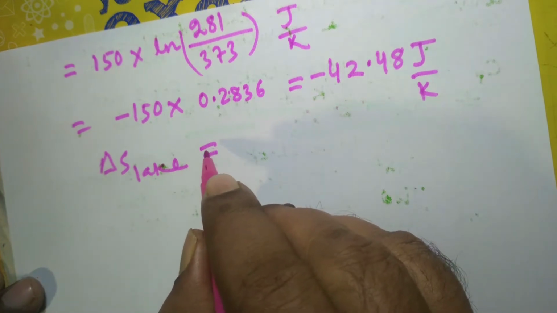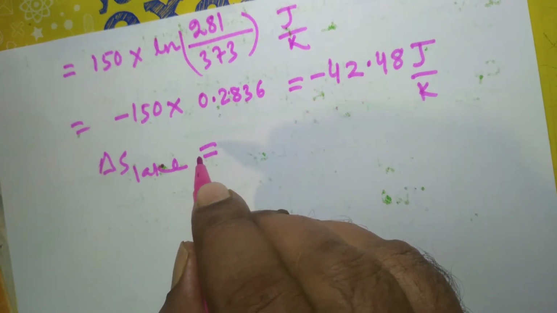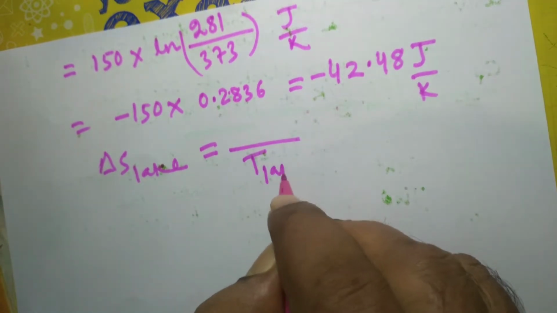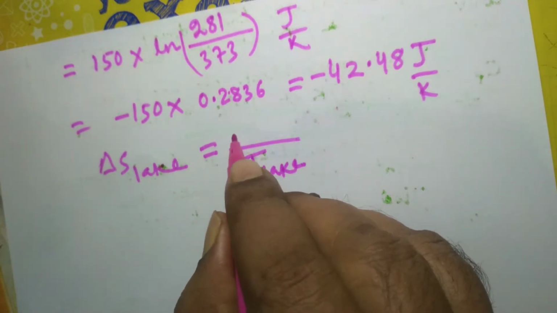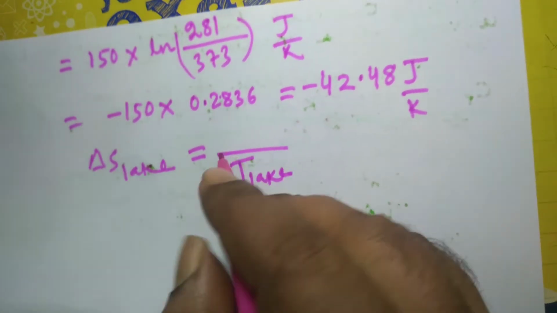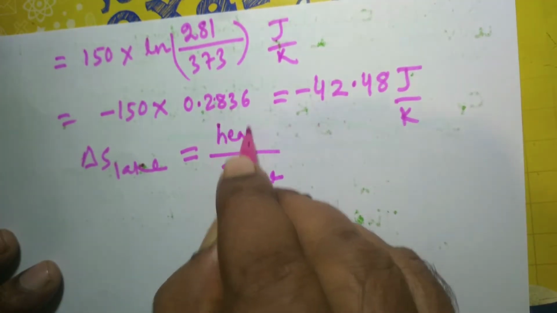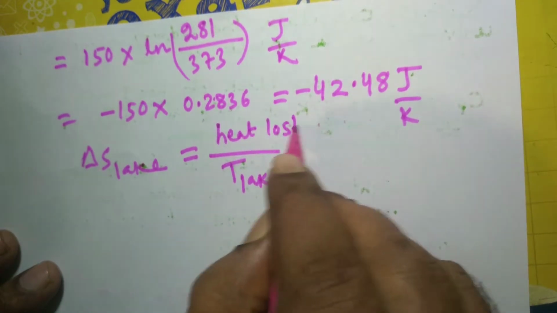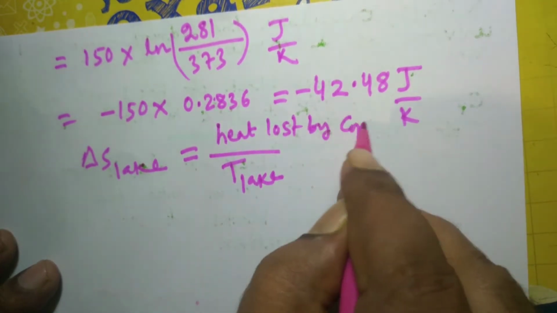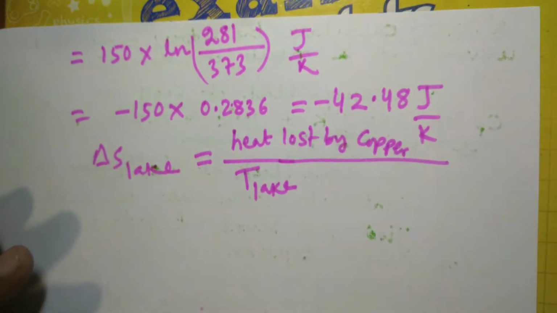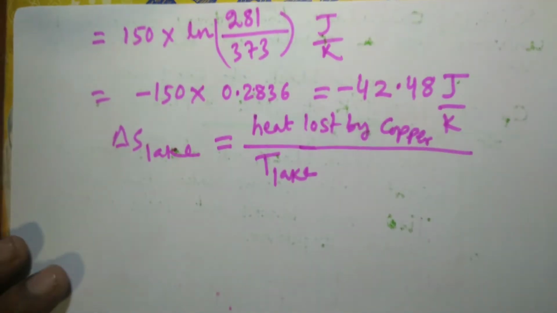To calculate the change in entropy of the reservoir, we keep the temperature of the lake constant and just add the heat lost by copper, because the heat lost by copper goes to the lake.